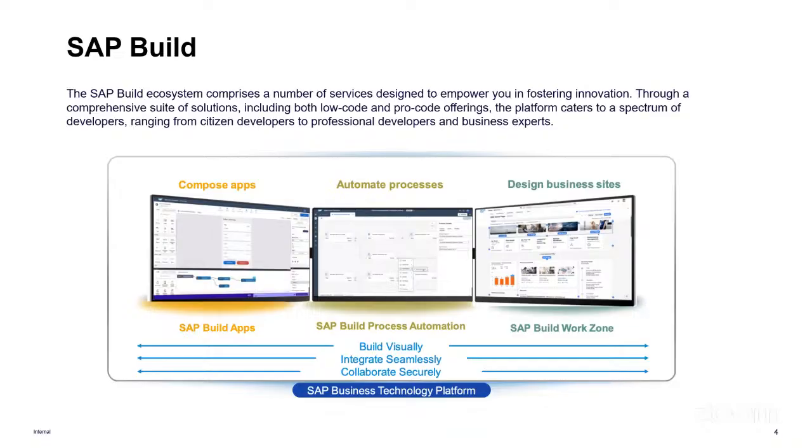Build is one umbrella under the BTP. You can have the low-code portfolio, the pro-code portfolio, and the automation. You can see here the composed applications, SAP Build Apps under the SAP Build portfolio. Then we have process automation through Build Process Automation.